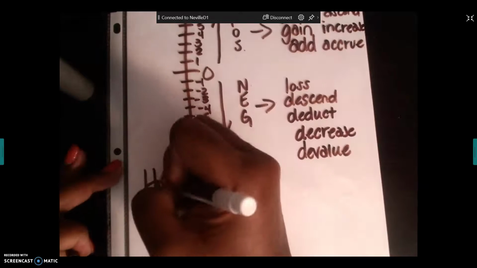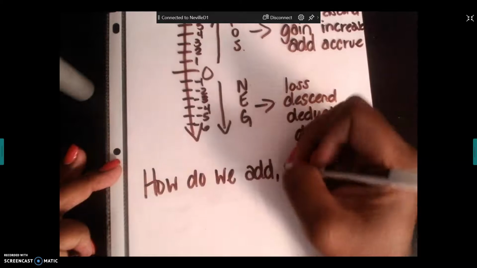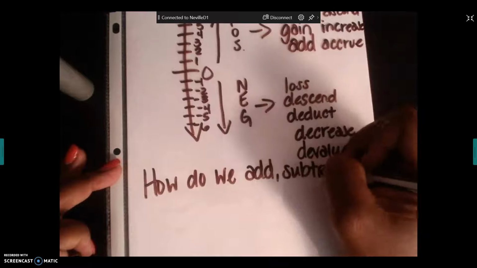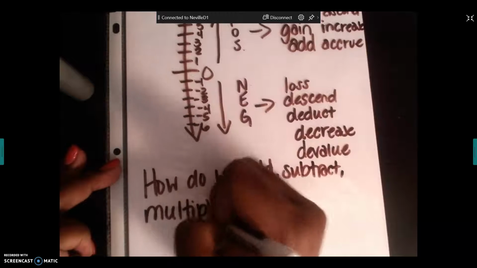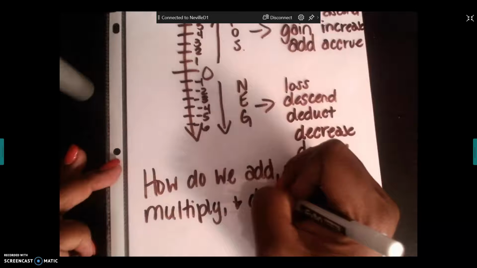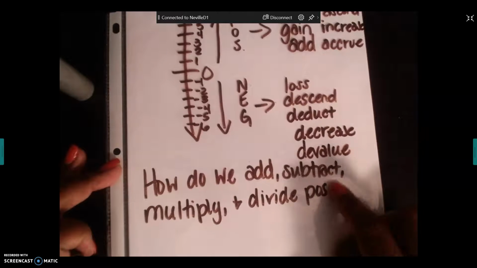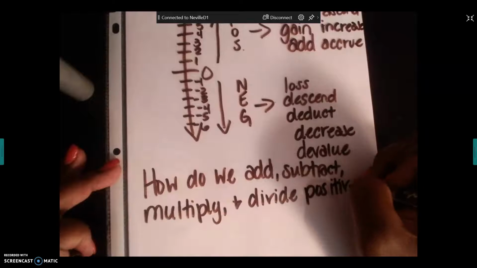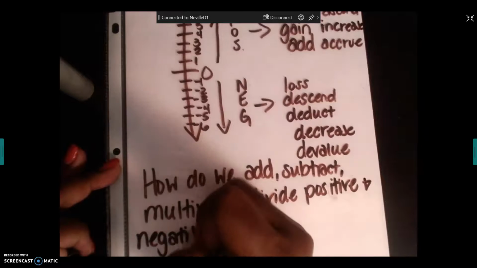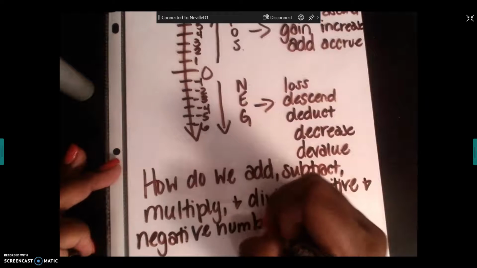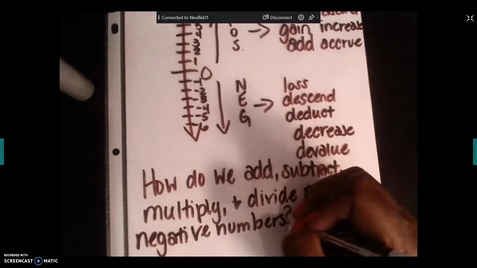How do we add, subtract, multiply, and divide positive and negative numbers? Question mark, not a period.